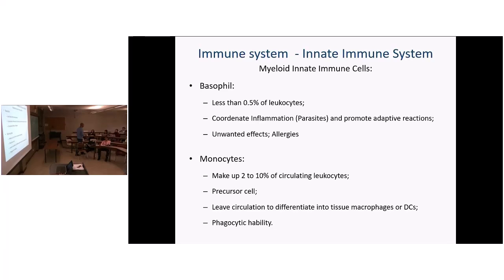Then you're going to see, if you go to histology classes, you're going to go to each organ, and each organ has, like, Langerhans cells in the skin, Kupffer cells in the liver, pneumocytes in the lungs, and these are all monocytes that then infiltrate into the organs, and they differentiate into something.